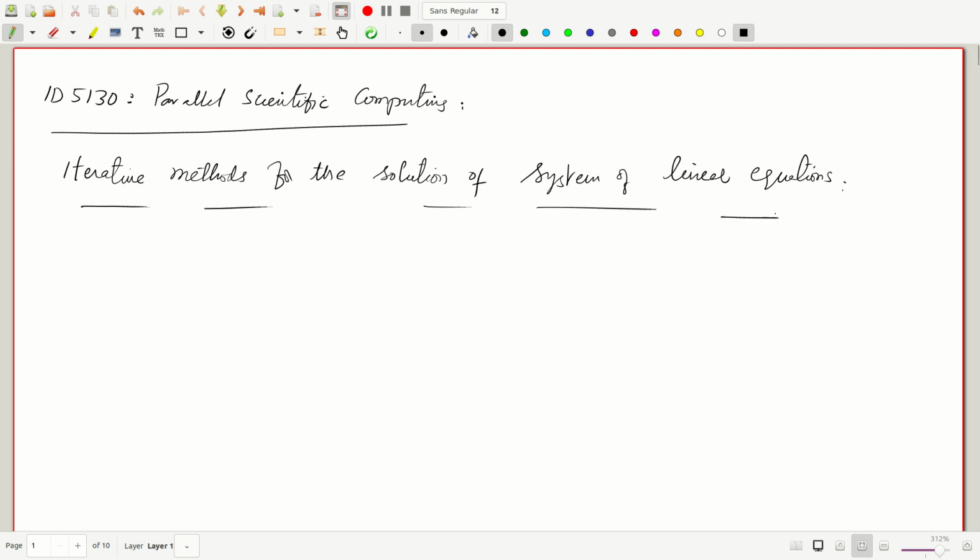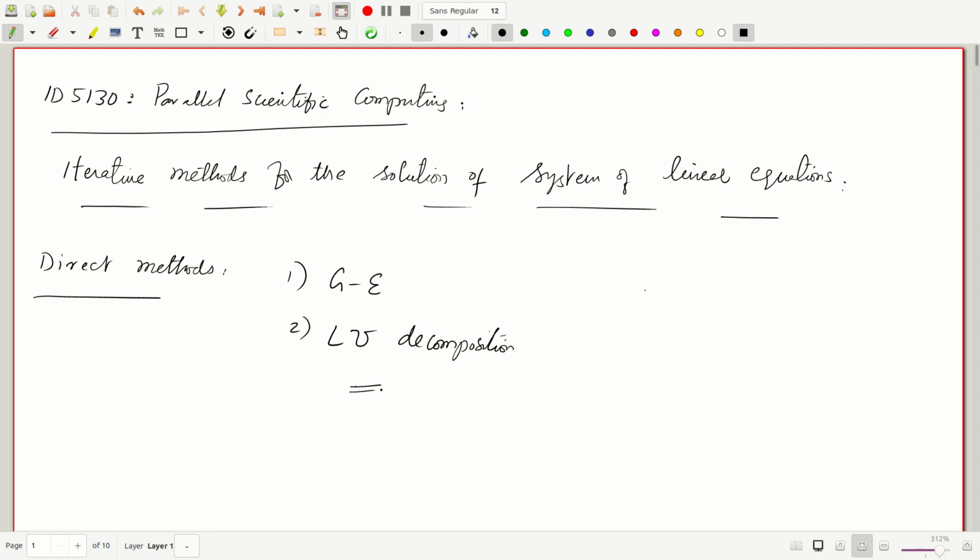Okay. So in the last lecture we looked at essentially direct methods, right? Which are nothing but Gaussian elimination, as well as LU decomposition, etc. So essentially we said the direct methods are applicable when you have a dense matrix, right?